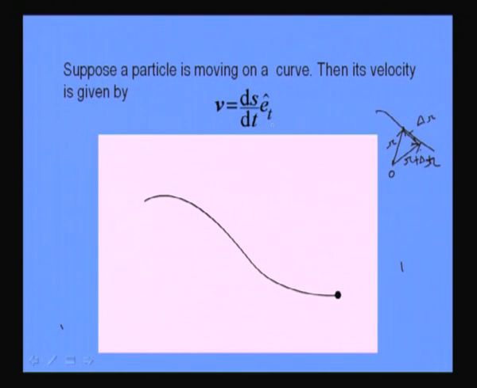Now both are functions of time. If the particle was moving in a straight line, then et was constant, it was not a function of time, therefore its derivative would be 0. But in this case ds by dt is a function of time and also et is a function of time.